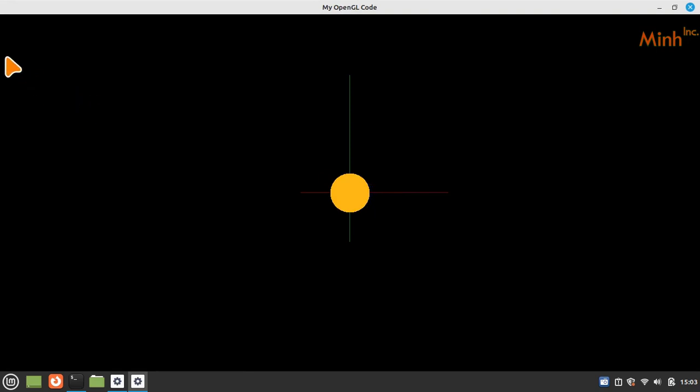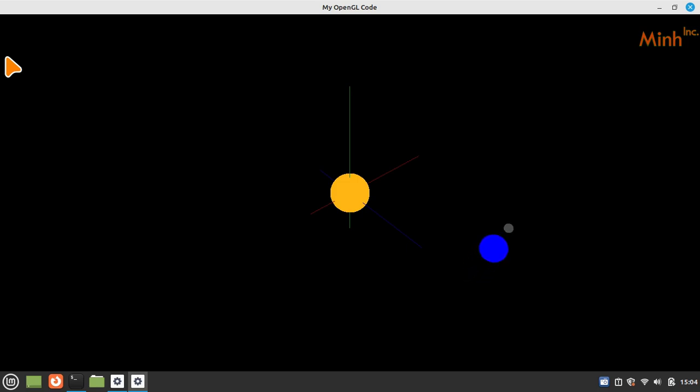We can see now that Earth is rotating across Sun. I can make it like this. So it is rotating on the XZ plane.